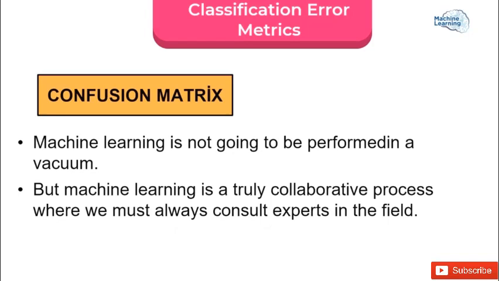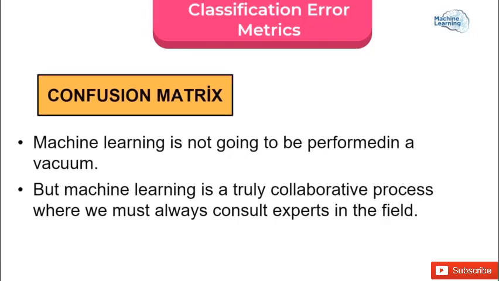And pretty much all of this is to say machine learning is not going to be performed in a vacuum. These performance metrics don't have some kind of universal truth that applies to all problems. Machine learning is truly a collaborative process where we must always consult experts in the field.